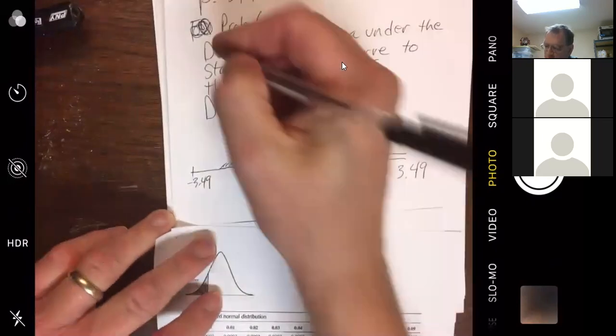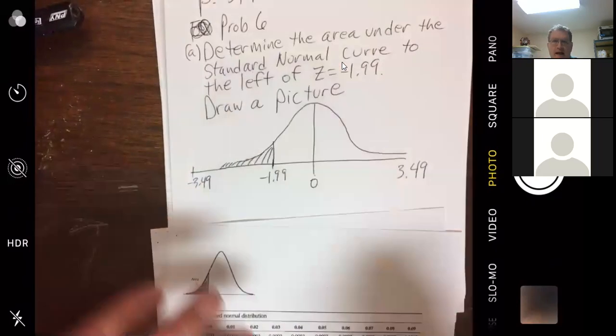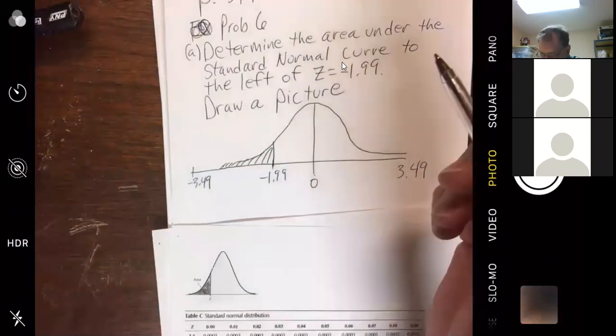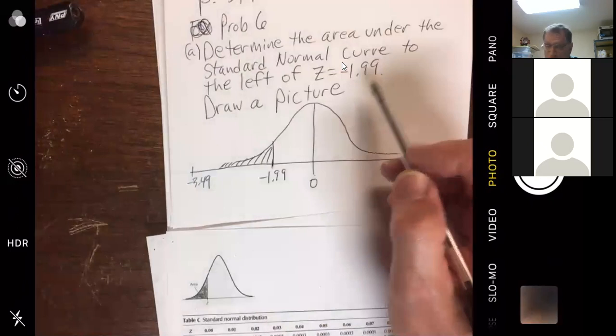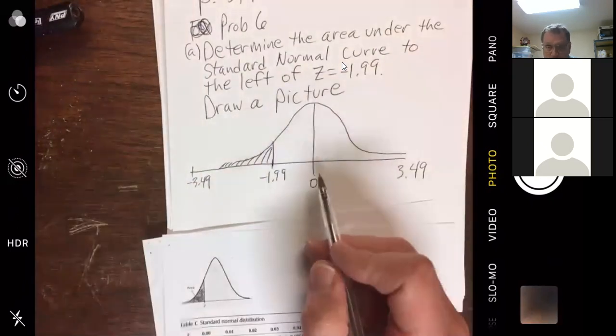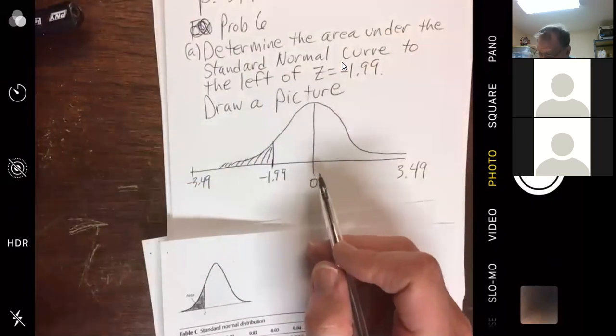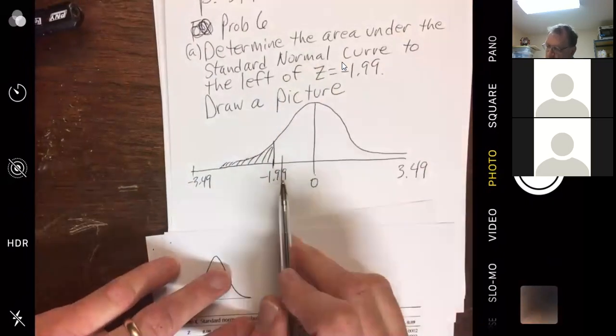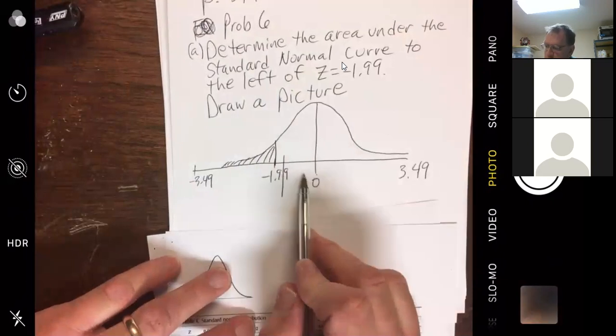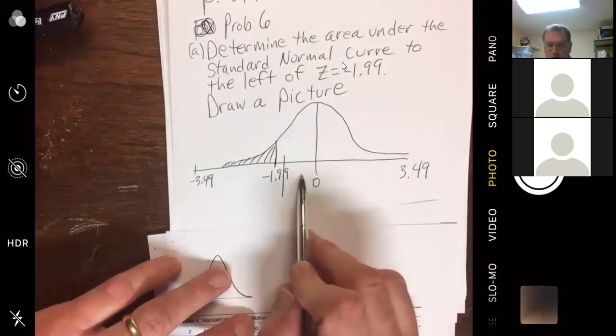Okay, this is part A. To work any of these, you work them all the same after you've pictured it. You split off the number at the hundredths place.